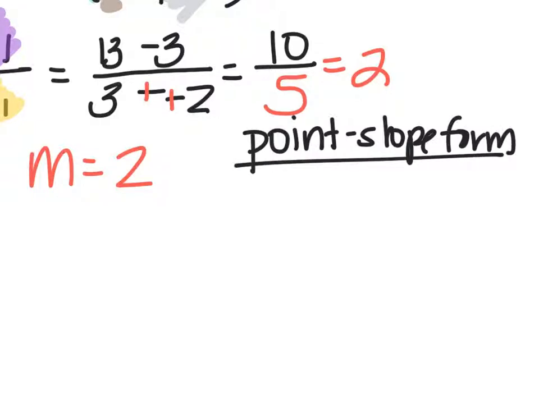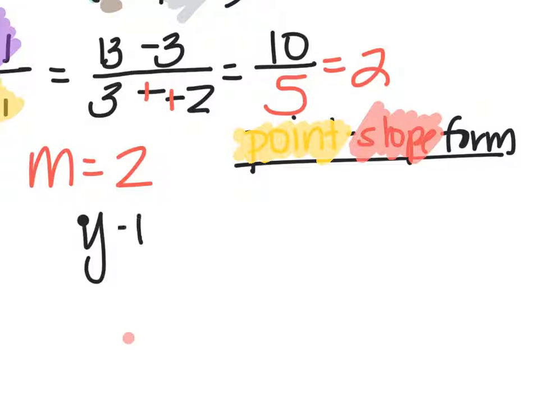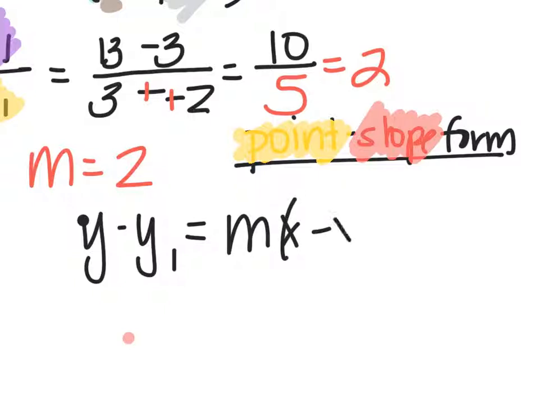I need to have 2 things. I need, first of all, a point, and I need a slope. Well, thankfully I already have one of those. I have my slope. Remember, point slope form is y minus y1 equals m times x minus x1.